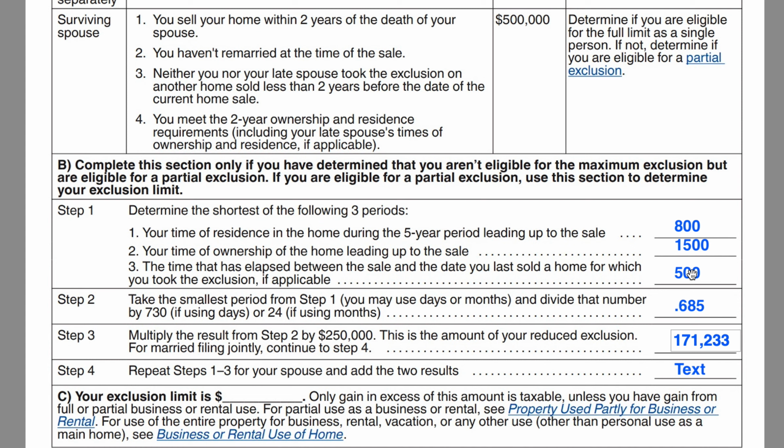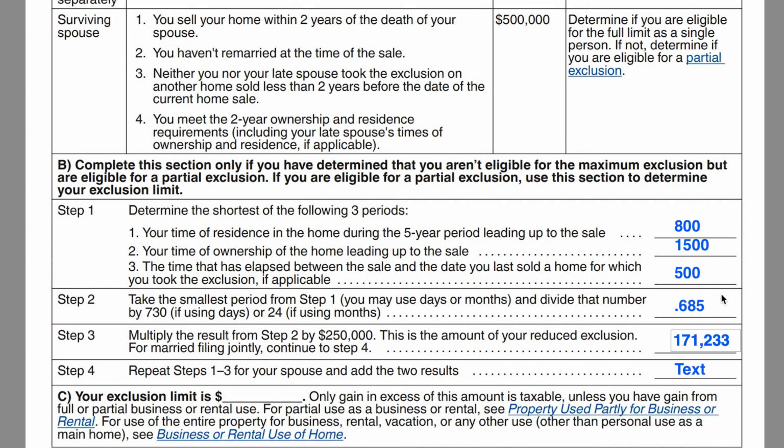What you can do is take the smallest period, this 500 days, divide that by 730. If you use months, you could divide it by 24, but if you use days, it might be a little bit more exact, and it might give you a little bit more credit of a benefit of the doubt.